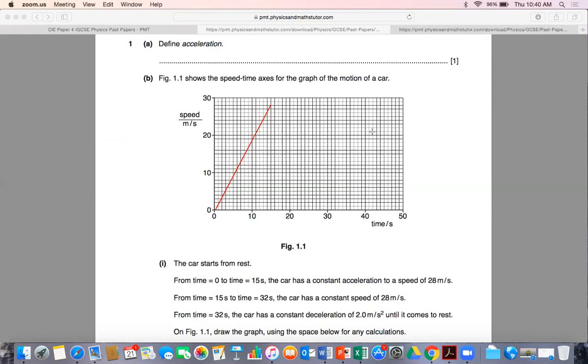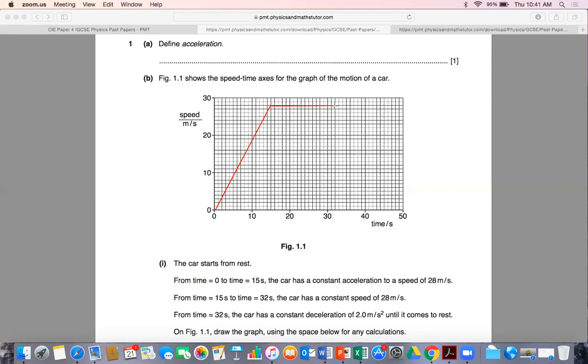And then from 15 to 32, the car is constant speed. So what will it be now? A straight line. So it will be a straight line until it says 32 seconds.